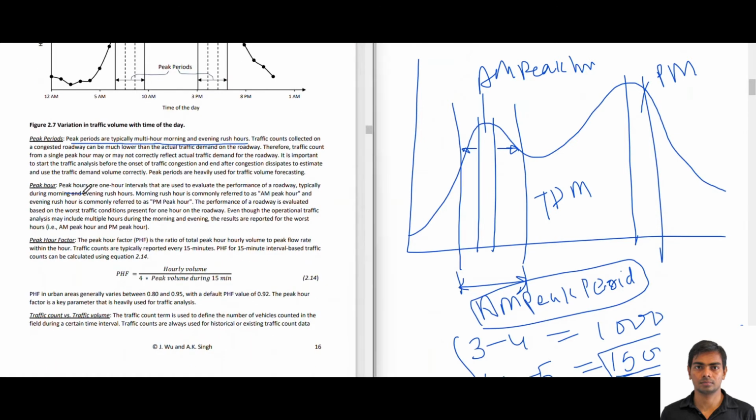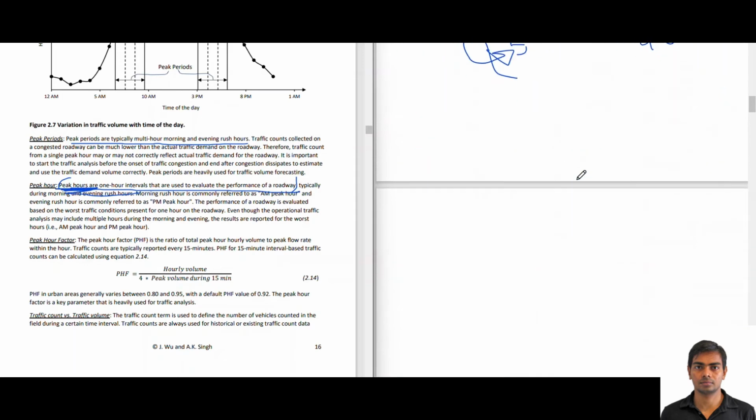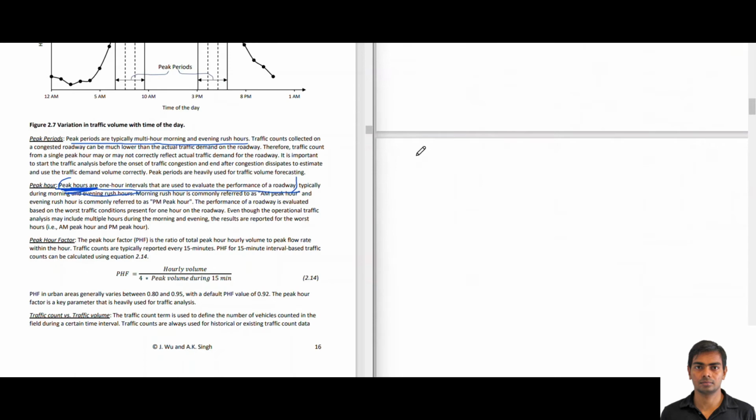Peak hour is a 1 hour interval that is used to evaluate the performance of a roadway. So the majority of the time in our traffic operations career we are dealing with peak hour only. Peak hour is what defines everything. So what we do is we look at one of the worst hours. Usually we look at AM and PM because the directionality is different during AM and PM.